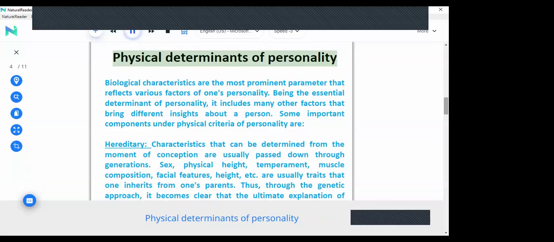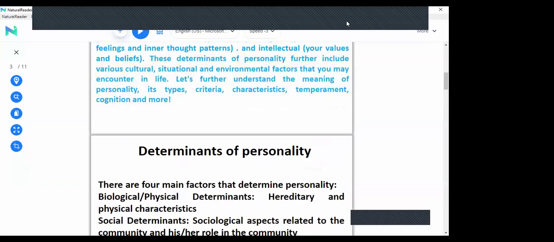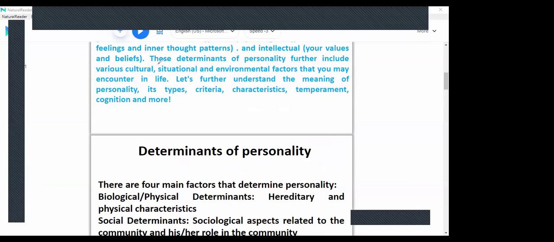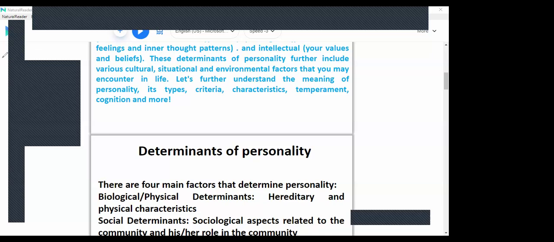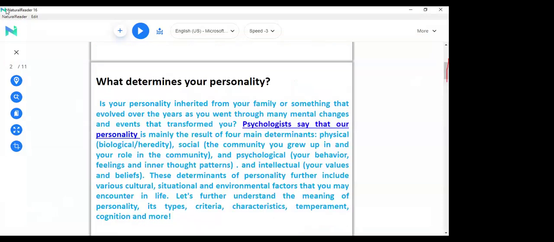Physical determinants of personality. My dear student, I will highlight the points one by one. First, just keep it in your mind: the biological, or the physical.